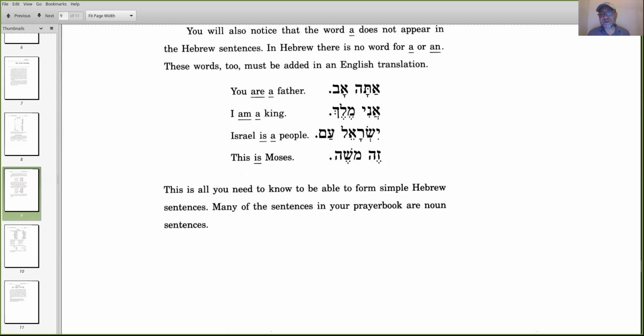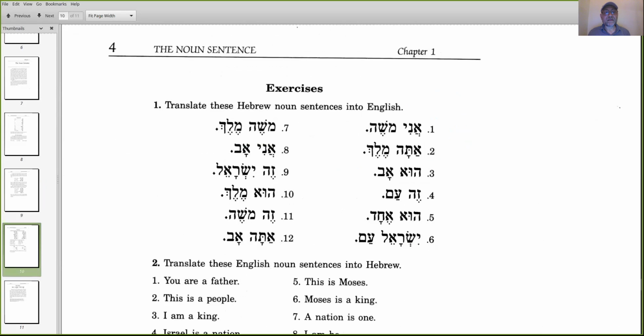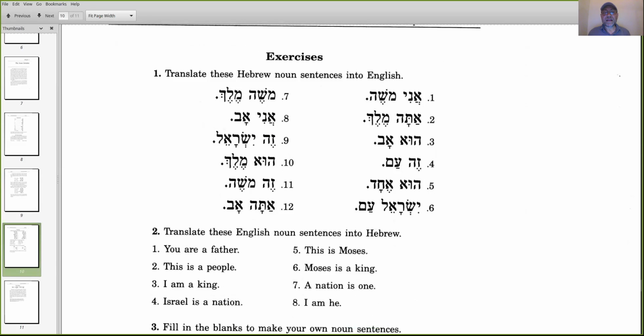Many of the sentences in your prayer book are noun sentences. Okay, so now we have some exercises here, and let's see how we can work these out together.